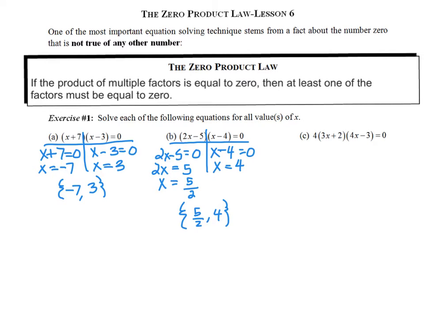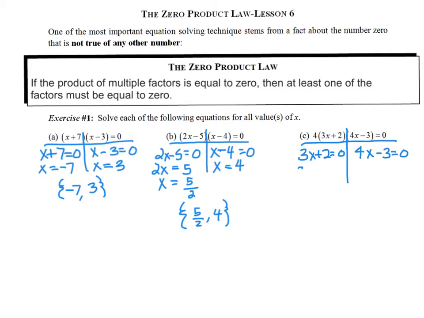Let's try the last one. You'll notice that the last one is a little bit different here because I've got a constant out in front. That constant actually is not going to affect our answer at all. I'm just going to look at the factors that have x's in them. So I'm going to say the first factor is 3x plus 2, and that's equal to 0, or 4x minus 3 must equal 0.